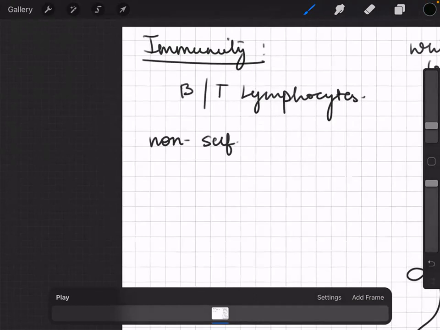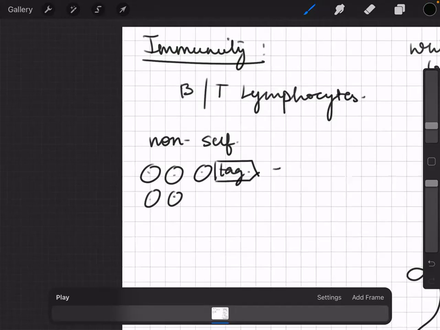What it means is all of the cells of your body have a particular tag on them. What this tag does is it allows your body to identify that, because this tag matches all of the cells, these cells have to be coming from my body. So this is an identification tag that these cells have.